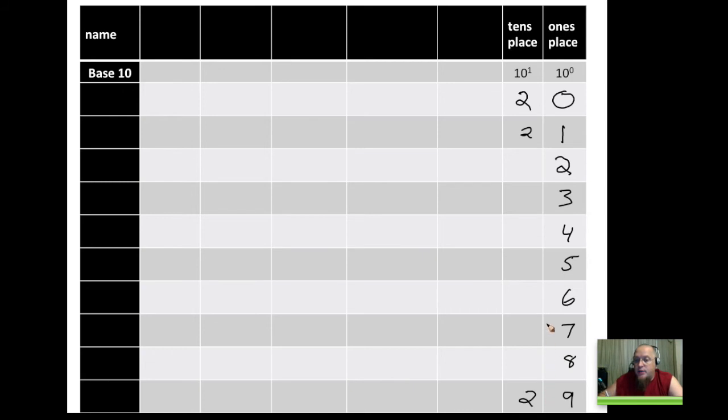And this would continue on all the way up until the point that we get up to the number 99. Once we get up to the number 99, then this will go back to 0, and our tens place, or 10 to the 1 place, will also go back to 0. And the third column, which is our hundreds place, will now be increased to 1. So now we have 100.